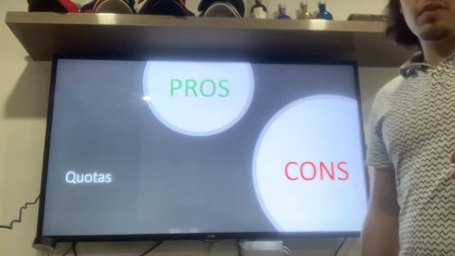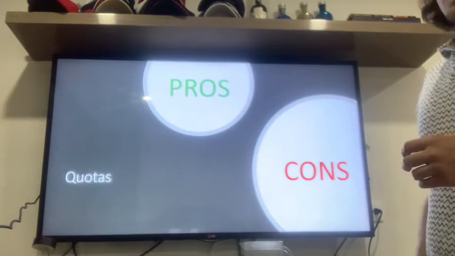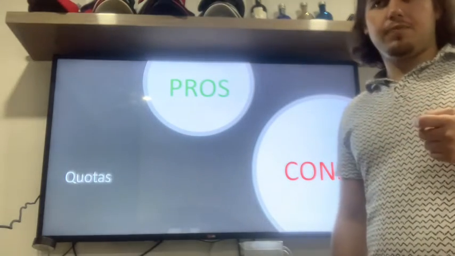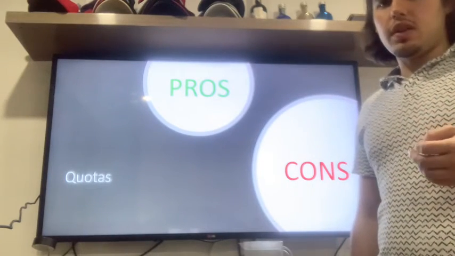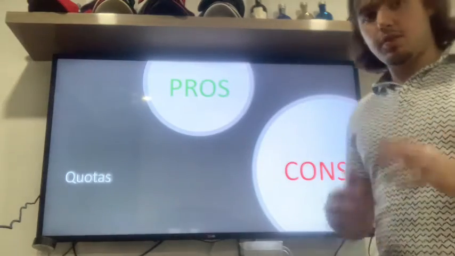And it leads to trade distortion as it concentrates power among importers and exporters.